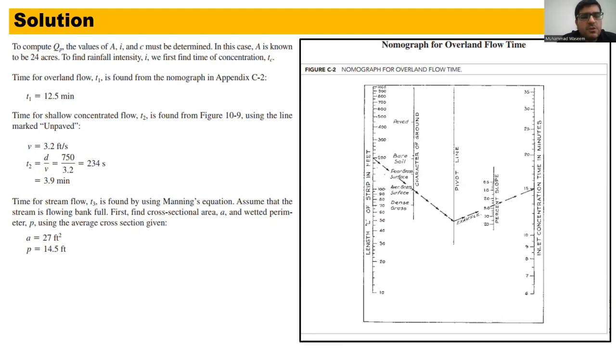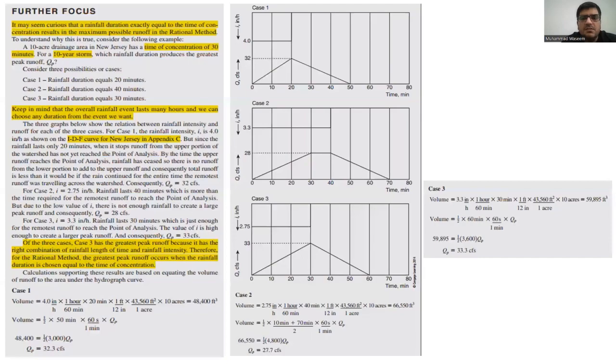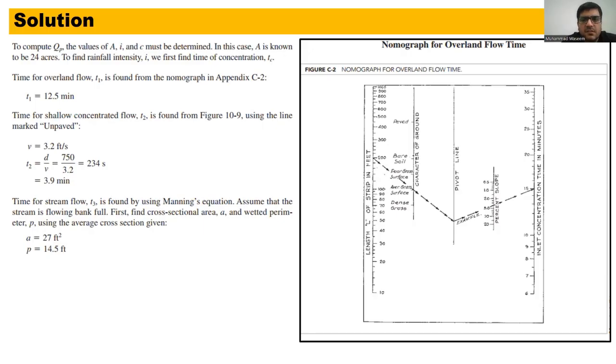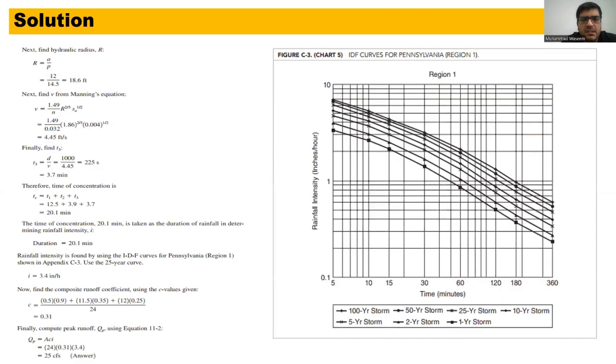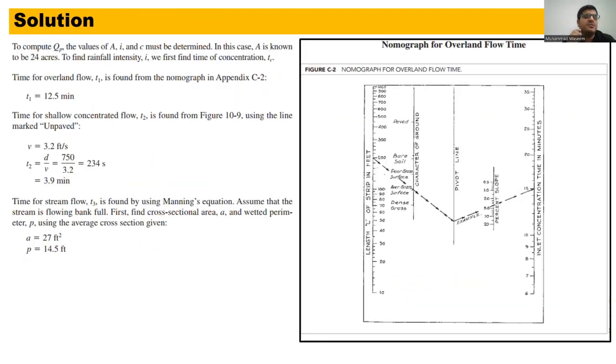The time of shallow concentrated flow T2 is found from figure 10-9, using the surface as unpaved. I have already explained in my previous lecture how to read these curves. You just see figure 10-9, go to the unpaved surface, and find the velocity from that figure.